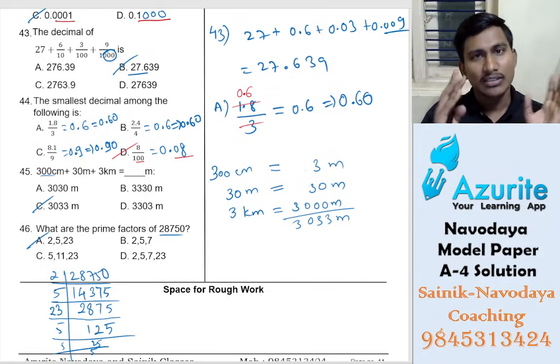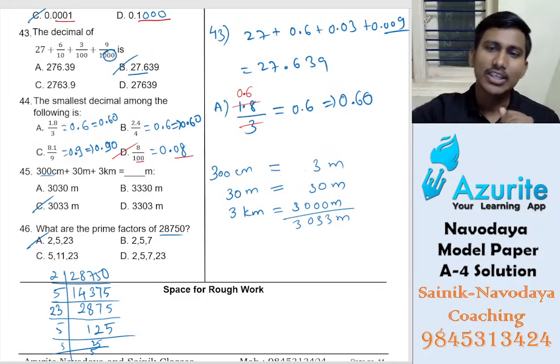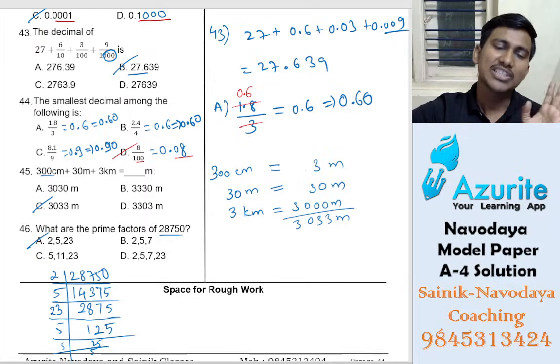So it will be 3 meter. Next is 30 meter, which you write as it is. Now next is 3 kilometer. 1 kilometer means 1000 meter, so 3 kilometer means 3000 meter. So you add it all. 3000, here 30 plus 3, 33. So 3033. So the option is option C here.